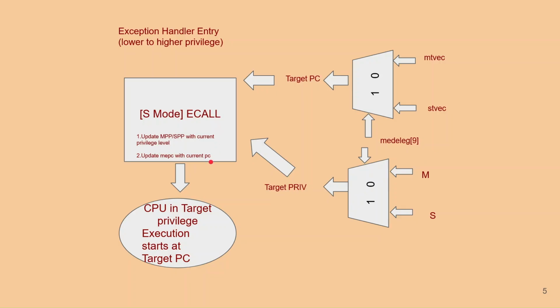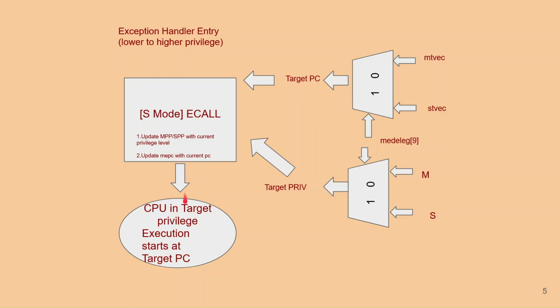Next, the processor updates either the MEPC CSR or the SEPC CSR with the current PC, which is the address of the instruction that caused the exception or the interrupt, or the instruction that took the interrupt. This is the return address the handler will use when the trap is complete. With this bookkeeping done, the hardware now performs the final 2 steps.